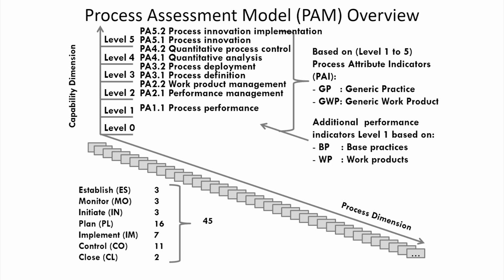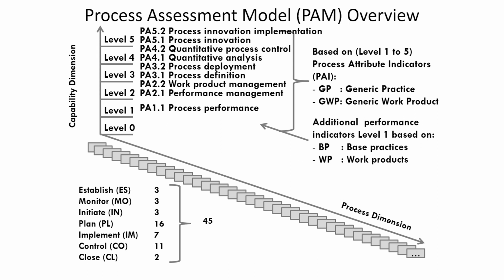So those process levels are then further broken down into what they call process attribute indicators. And you can see that there's 9 of them. It starts out with level 1, PA11, which says process performance. So to get to level 1, you need to do all the base practices and all the work products. Okay? So that gets you level 1.